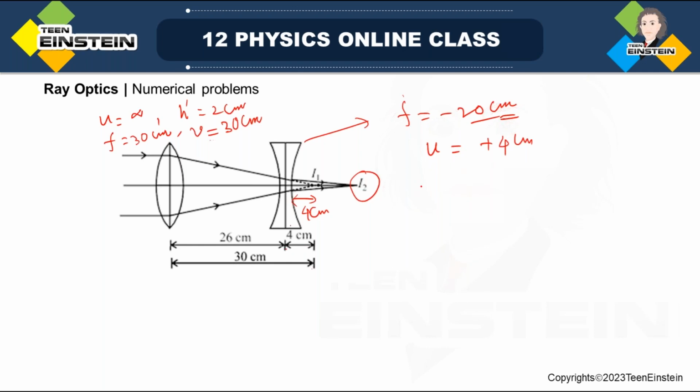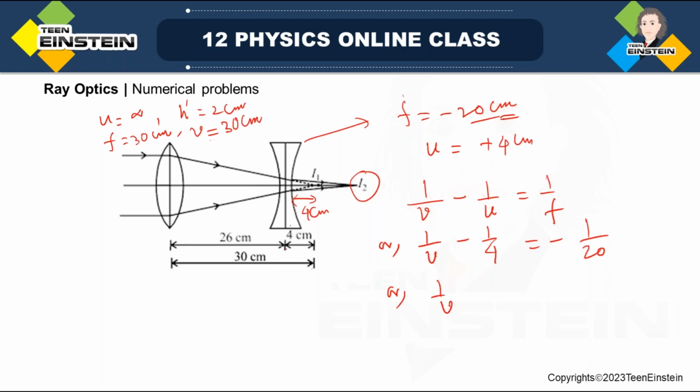So 1 by v minus 1 by u is equal to 1 by f. We have to find 1 by v, which is 1 by 4, u being positive, minus 1 by 20, the focal length.